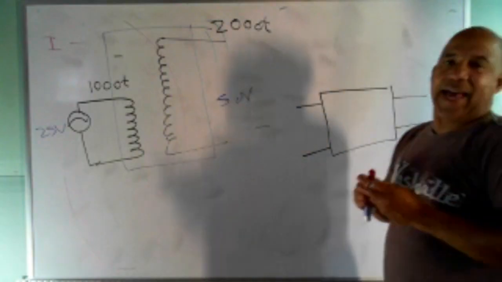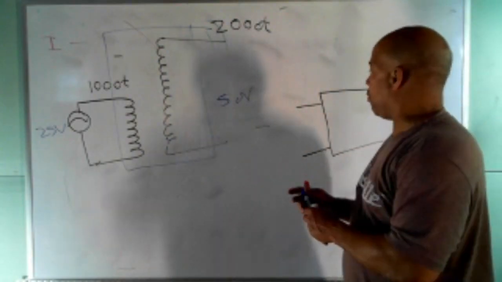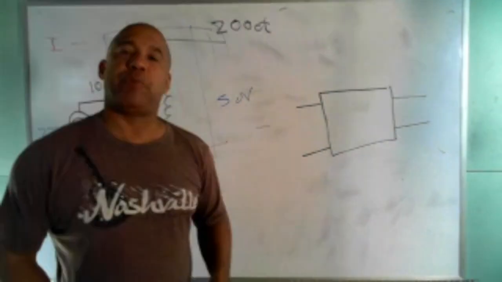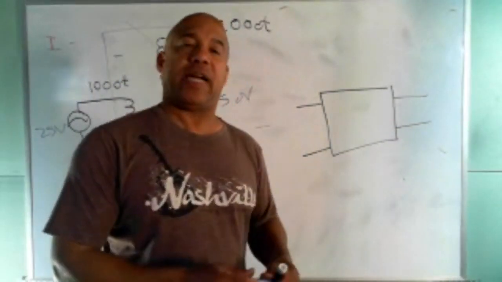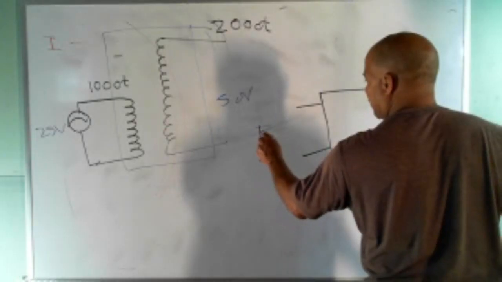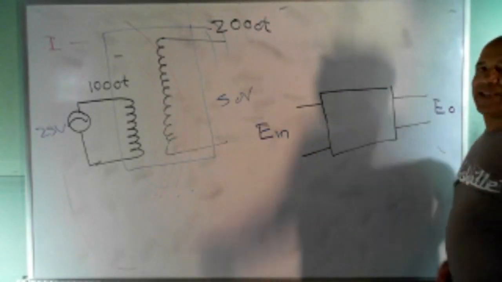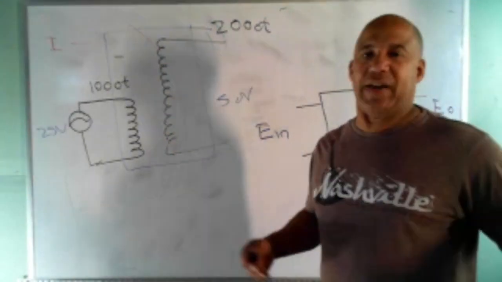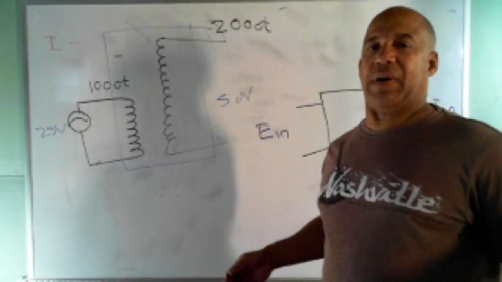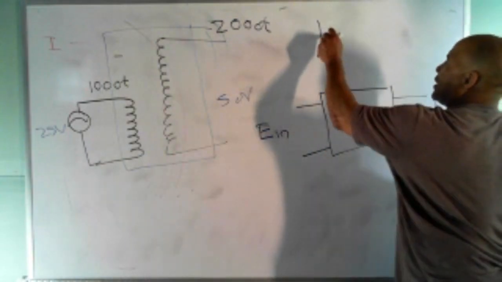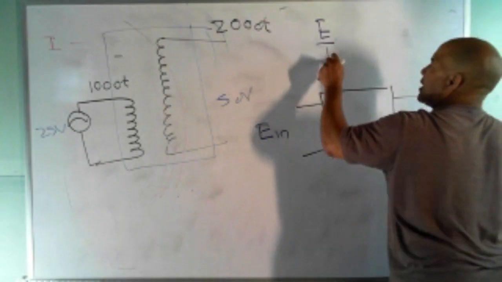The only thing that has to be true, according to physics, is that the energy I put in has to equal the energy I get out. So E in is going to equal E out. Now, engineers don't usually talk about energy. Engineers usually talk about energy per unit time. If you remember, energy per unit time, well, we call that power.